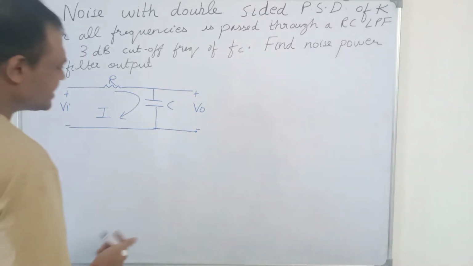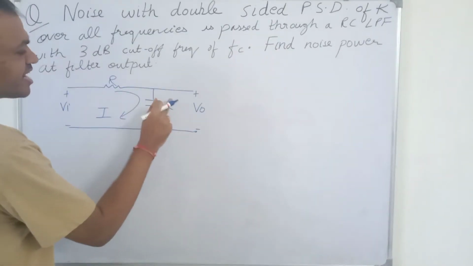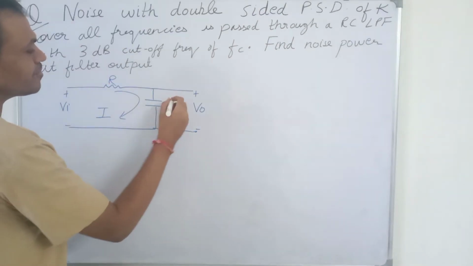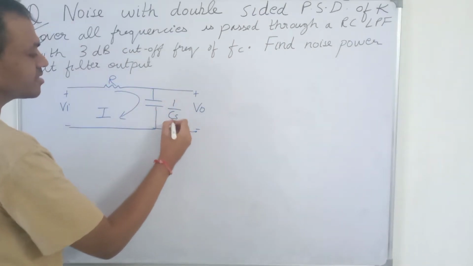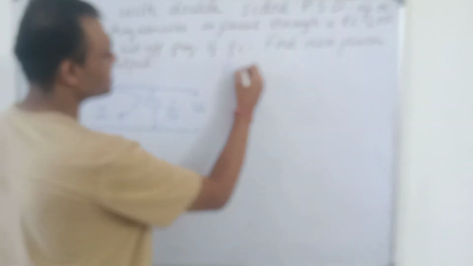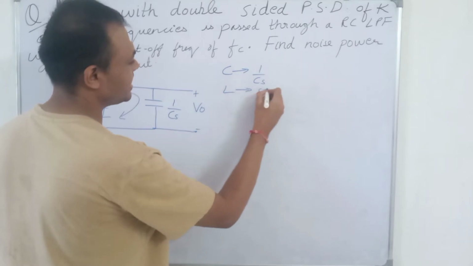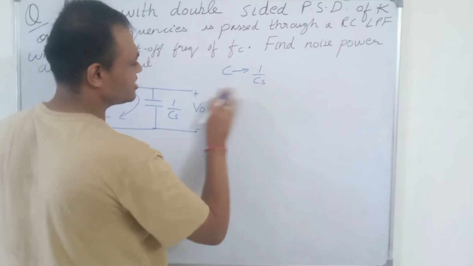So we can convert it into the Laplace domain. When we convert the capacitor C into the Laplace domain, it becomes 1 upon Cs, because a capacitor in the Laplace domain is 1 upon Cs, an inductor is sL, and a resistor remains unchanged.